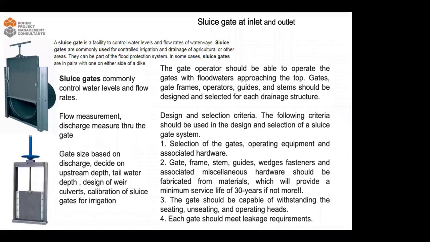Now, what is the design criteria for all that? The design criteria include, first, selection of the gate and the operating equipment and associated hardware. Point two is that the gate, frame, stem, guides, wedges, all this has to be fabricated from materials which will provide a minimum service life of 30 years, if not more.